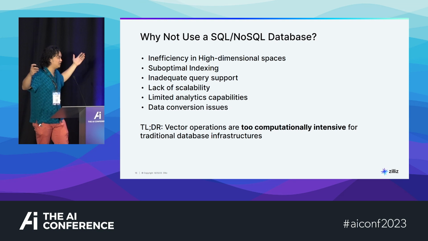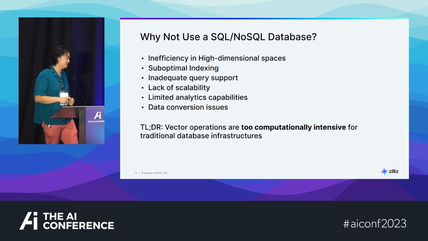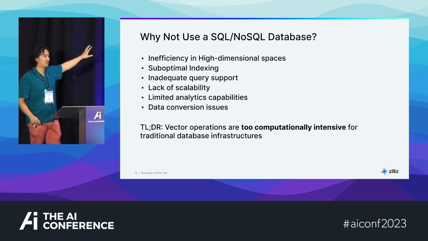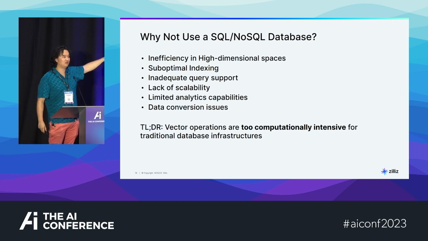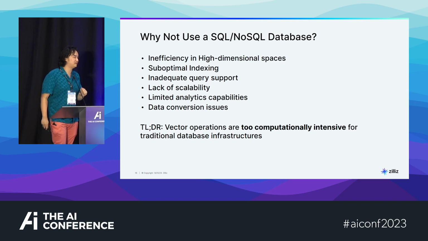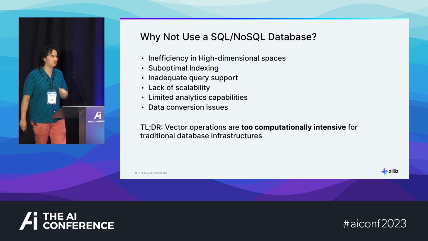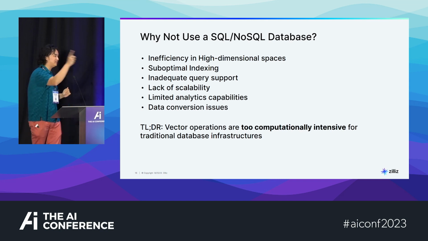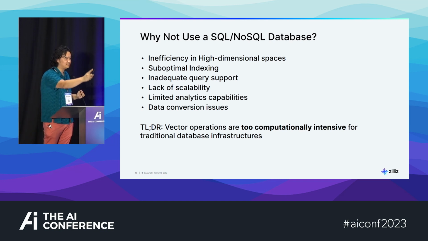So why would you not use a SQL database or a NoSQL database with a vector search library? I would suggest you take a picture of this slide because I'm actually not going to say any of those sentences. What I'm going to tell you is let's take a moment to understand how SQL databases and NoSQL databases work. You give it a key, and it goes in and checks whether it has an exact match to this key. If it does, it will return that exact match.